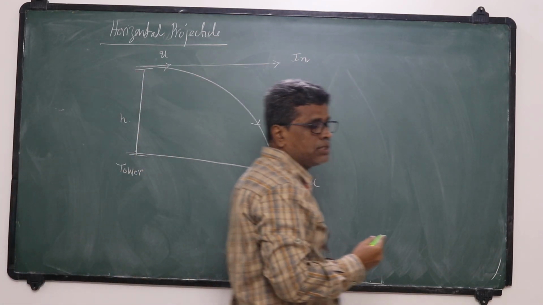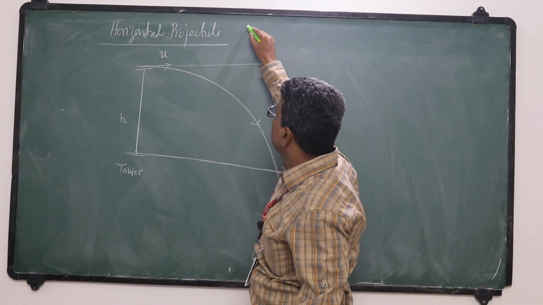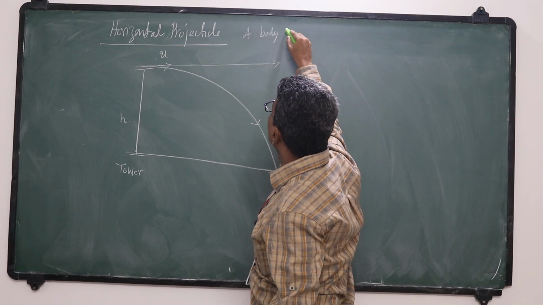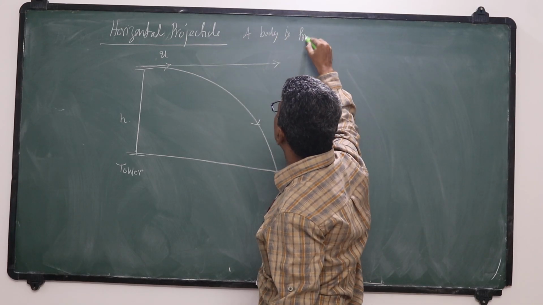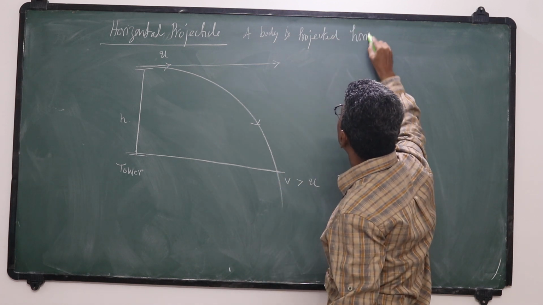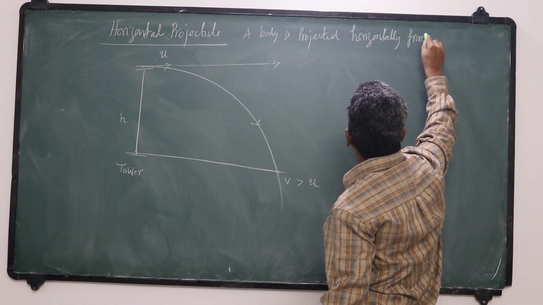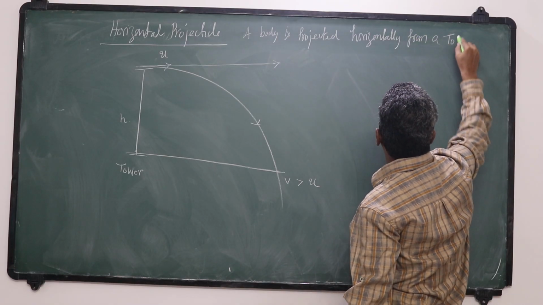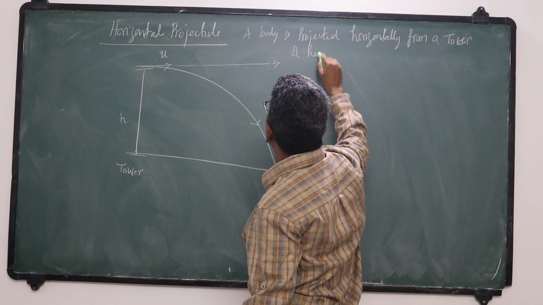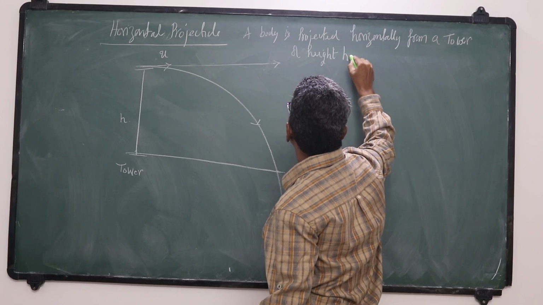So here, a body is projected horizontally from a tower of height h.